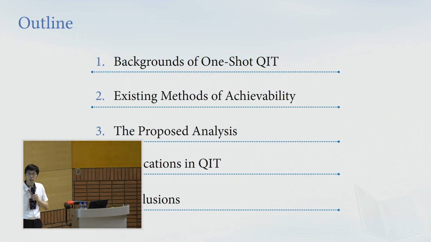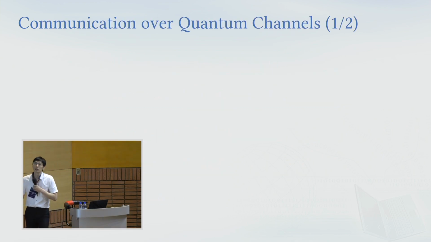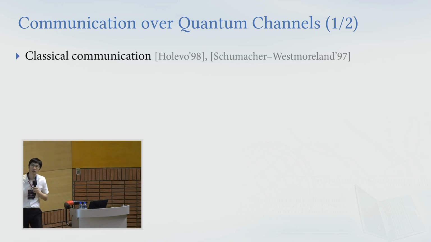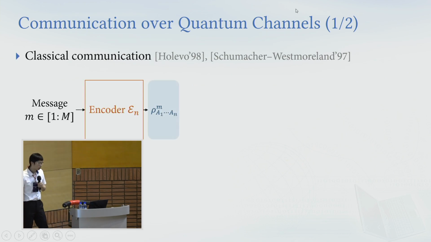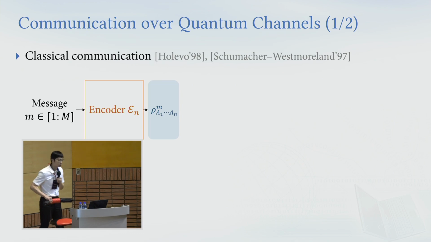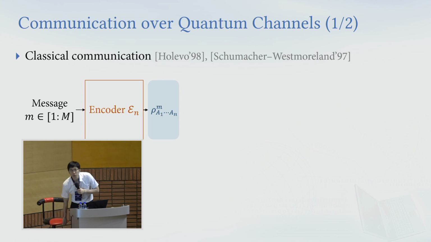Okay, so let's first recall communication over quantum channels. In the scenario of classical communication, we want to send M messages over the channel, where the message could be 1, 2, 3, up to capital M. First, we encode the message into some multipartite quantum state rho on systems A1, A2 to An, indexed by small m.